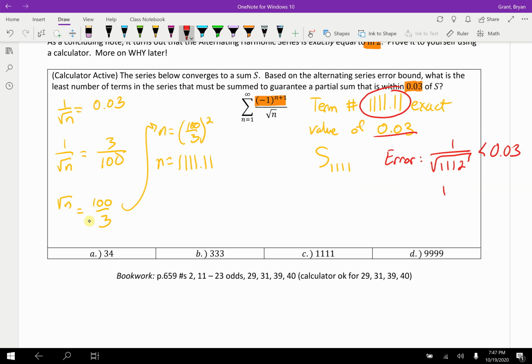The same way that if I used exactly this term, this would give me a value that's greater than 0.03, because this is exactly 0.03, so one smaller term would be greater, one larger term would be smaller. And so that's actually what I want. I want to find something that's less than that, so that means I want to sum up the first 1,111, and that means that my error will be exactly this, which is less than 0.03.